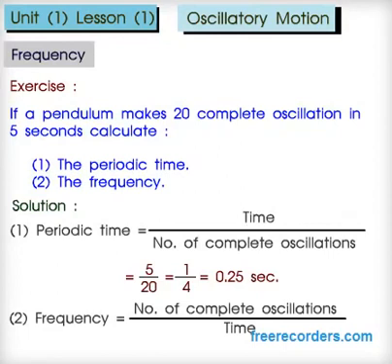Exercise. If a pendulum makes 20 complete oscillations in 5 seconds, calculate: number 1, the periodic time; number 2, the frequency.